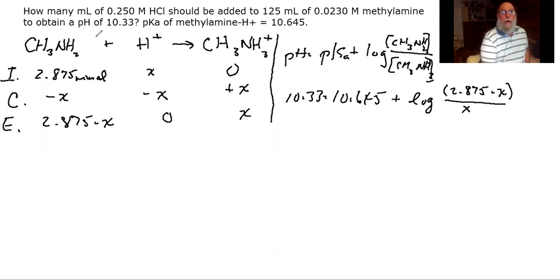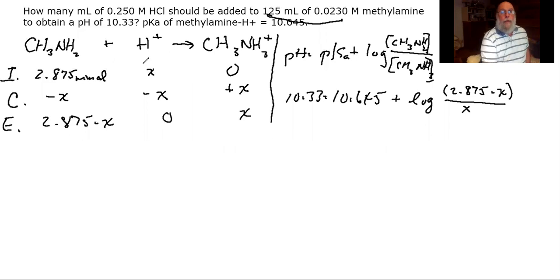So anyway, what I've got is a fairly small volume of methylamine, and that turns out to be 2.875 millimoles. I'm going to add, at this point, an unknown amount of strong acid to turn this weak base into a weak acid and therefore make a buffer.